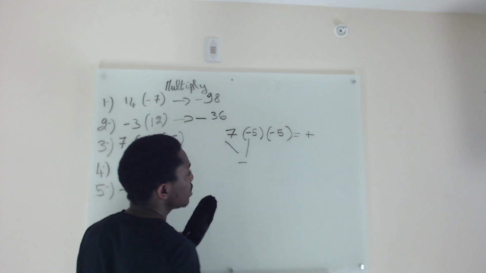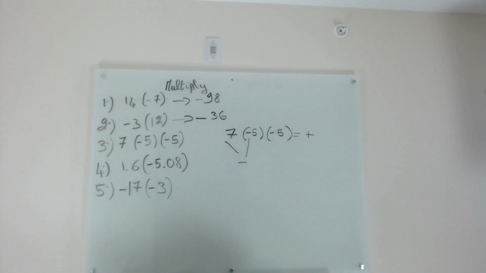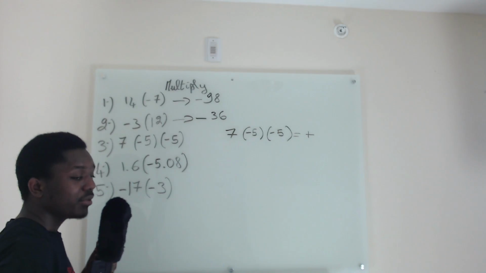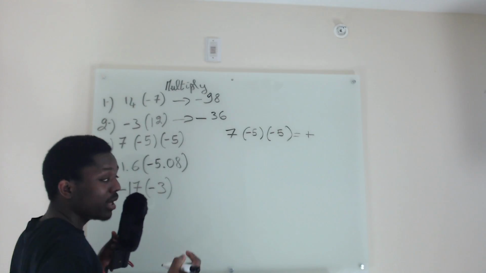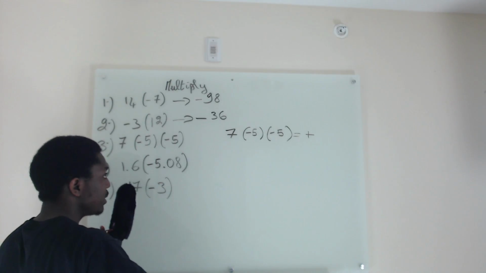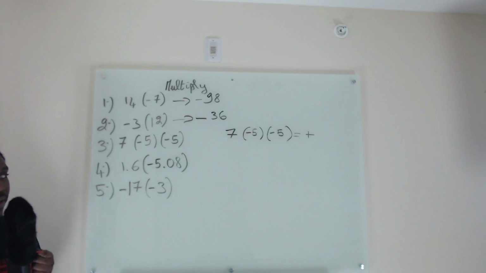Positive. Now I'm done multiplying the signs of the numbers. After we finish multiplying the signs, we have to multiply the numbers. So we forget the signs now and multiply the numbers. 7 times 5 is 35.